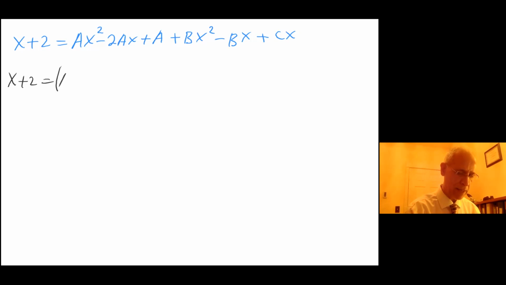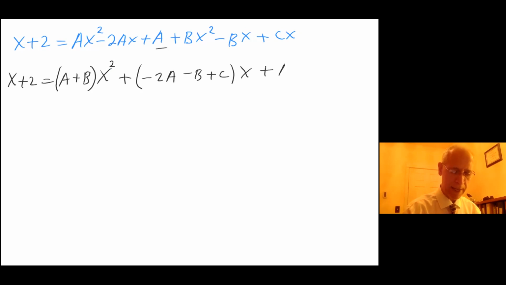So I have A plus B times x to the second, factoring that. And then let's go to the x's. So the coefficient of x, I have minus 2A minus B plus C, all that times x, and I have a leftover plus A.